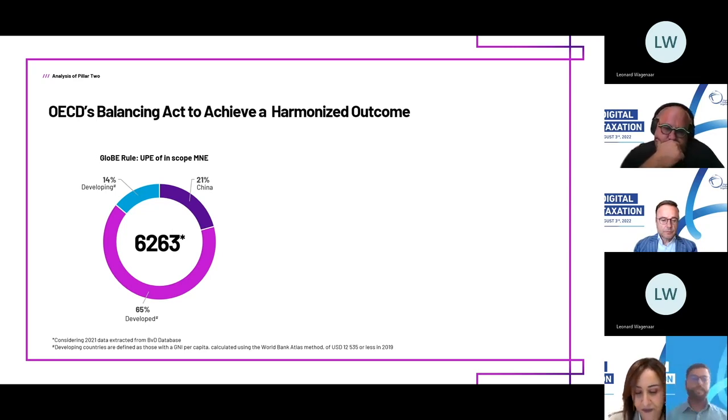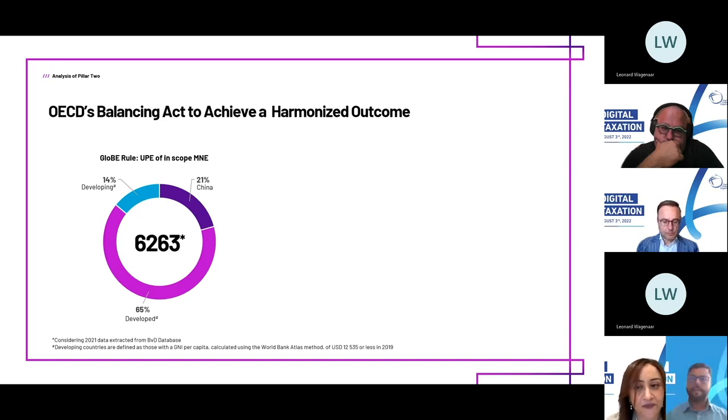Developed economies: almost 65% of the parent entities of these 6,000-odd entities are in developed economies. 21% is in China, which is somewhere in between developed and developing economy. And only 14% is in developing.